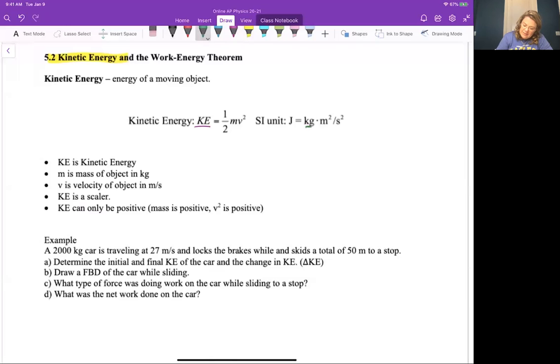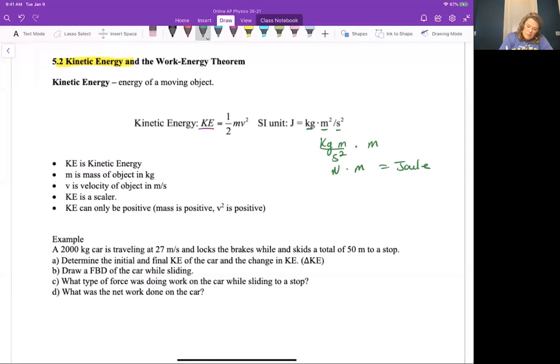If I have the mass times the velocity squared, so meters per second squared, now I have meters squared over second squared. Well, what is that equal to? That's a kilogram meters per second squared times a meter. This is a Newton and there's a meter. So this is equal to a joule.